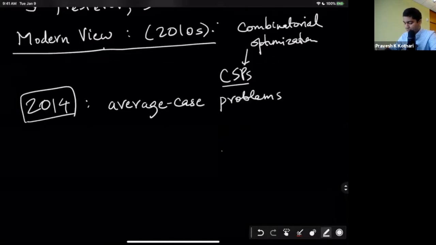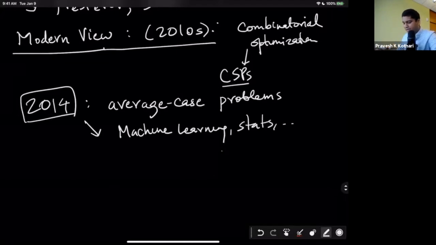In particular, this method gave state-of-the-art algorithms for various problems arising in machine learning, statistics, and so on. We're going to focus on this modern view. We are going to go back and rephrase what Goemans and Williamson were doing in this modern view, in order to put everything in one unified framework. And then we're going to see modern applications from various angles. So that's basically what we are going to do.